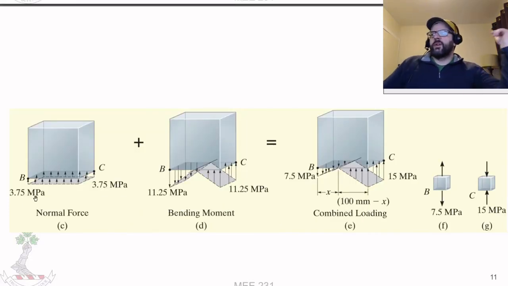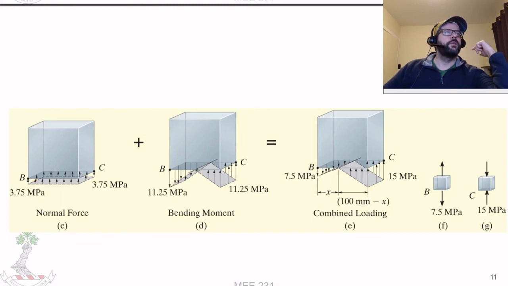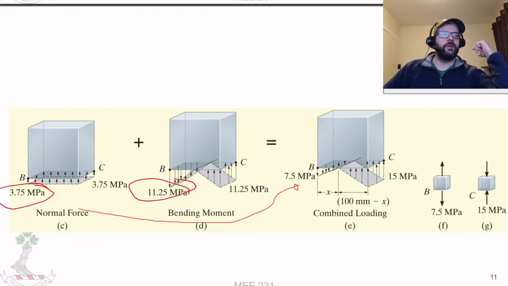At point B, a negative 3.75 megapascal compressive stress and a positive 11.25 megapascal tensile stress, and those two values combine to give us 7.5.